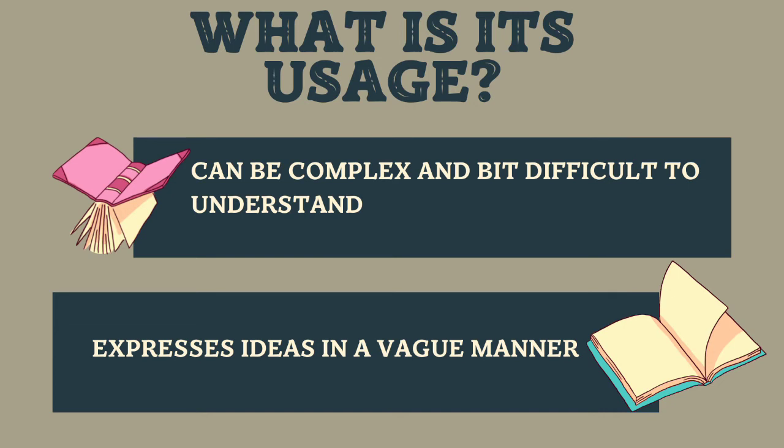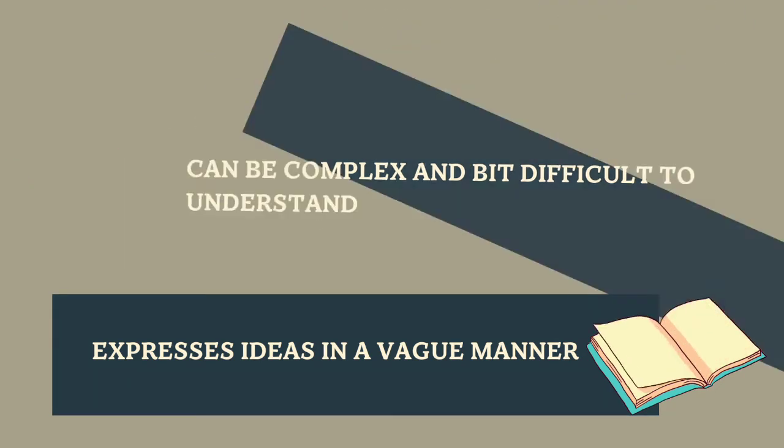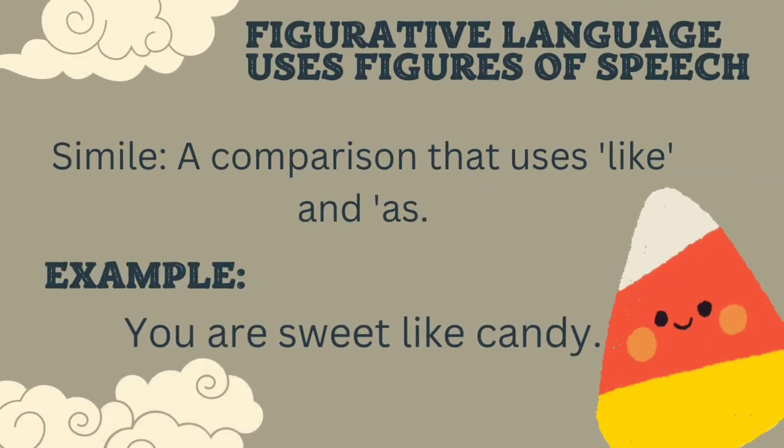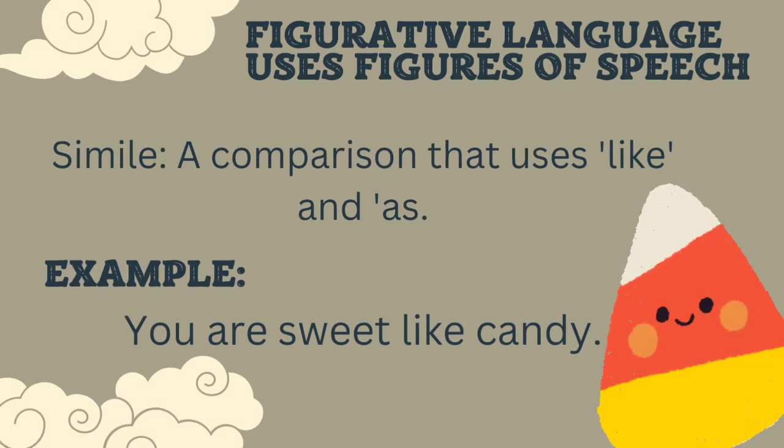Lastly, figurative language expresses ideas in a vague manner. So bear in mind, class, that figurative language uses figures of speech like simile, metaphor, personification, hyperbole, paradox, and many others to make the language more elaborate and figurative.